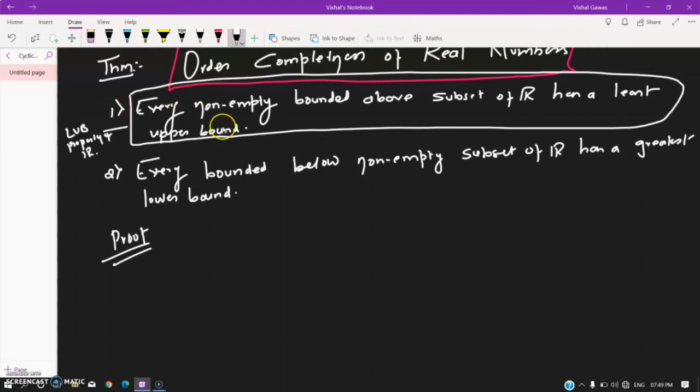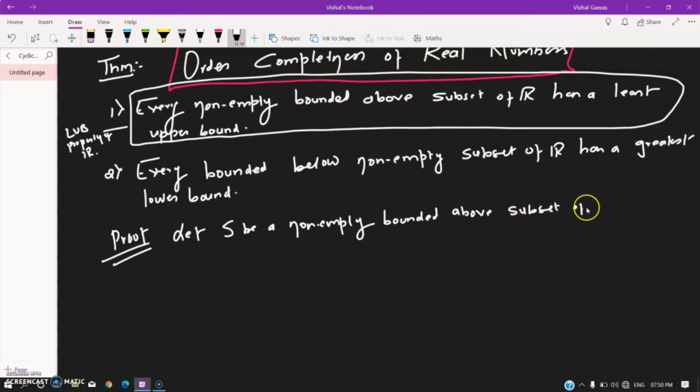So how to prove this? Let S be a non-empty subset of R that is bounded above. What I want to show is that S attains a supremum. Since it's bounded, I will have an upper bound, and I can always talk about all the upper bounds of the set.